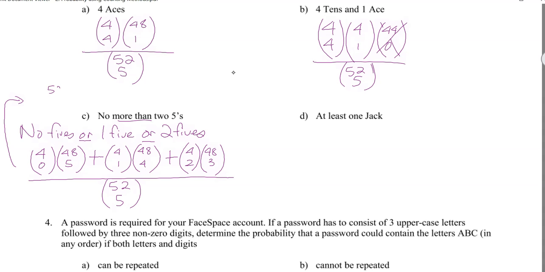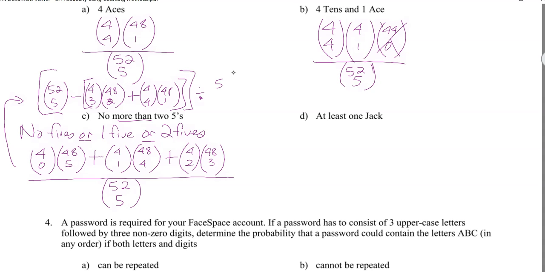So you could say, if we take the total number of possibilities, and from that we subtract you getting 3 5s, which is 48 choose 2, or 4 5s, so 4 choose 4, 48 choose 1, divided by, so the whole thing divided by 52 choose 5 for probability.